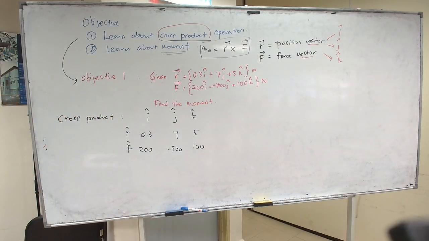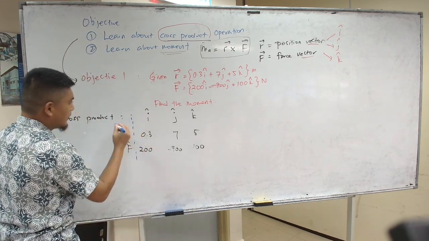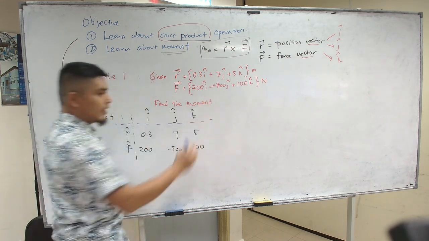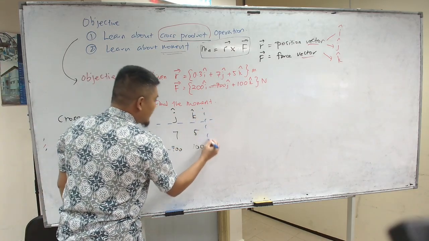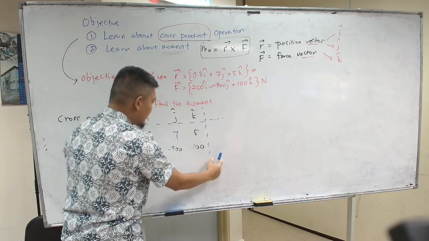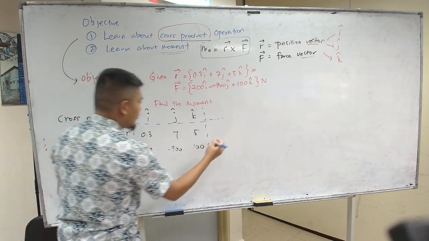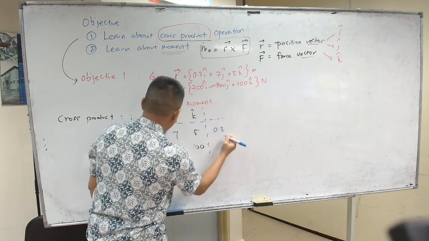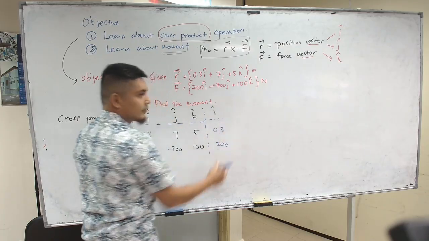Okay, you just develop a table. And then from the table, you add another column, copying whatever you have in I. So 0.3 and 200. This is I again.